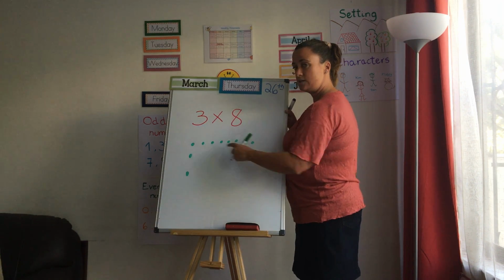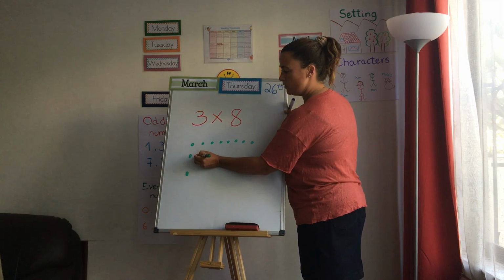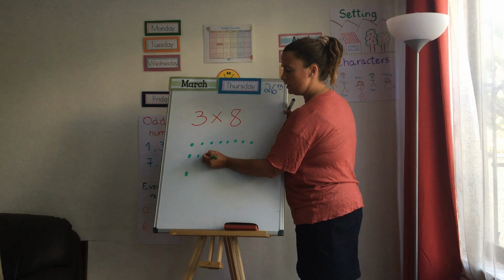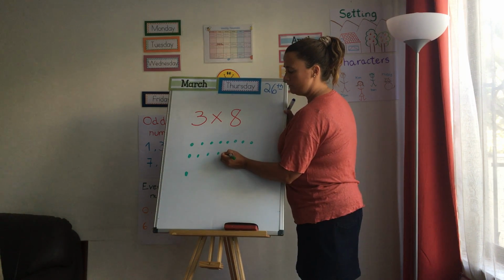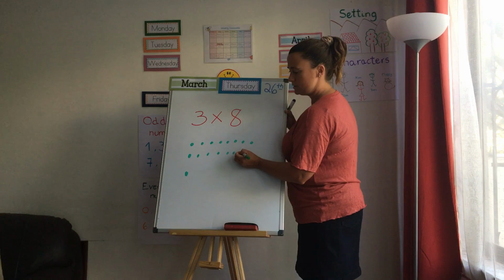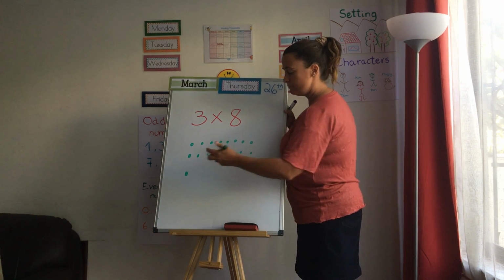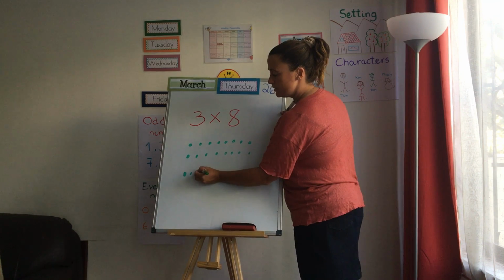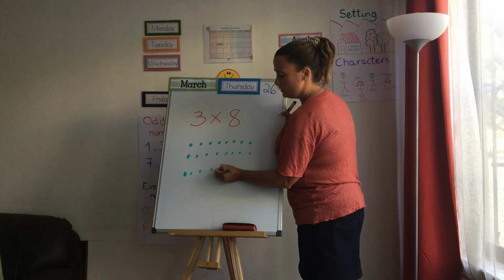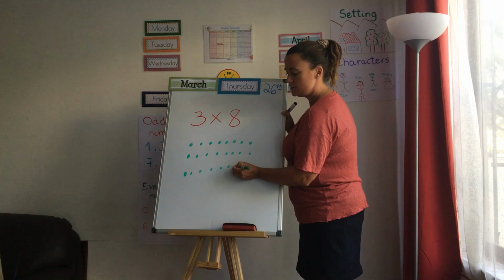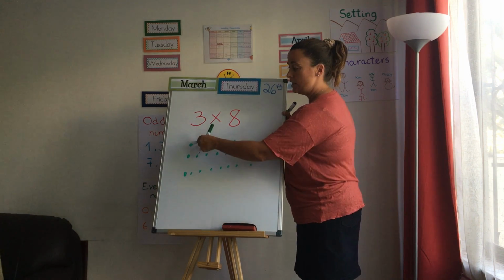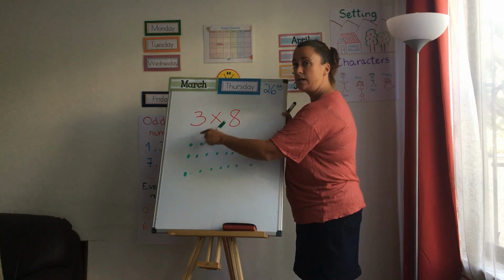That is 1 times 8. 1, 2, 3, 4, 5, 6, 7, 8. 2 times 8. 1, 2, 3, 4, 5, 6, 7, 8. 3 times 8.